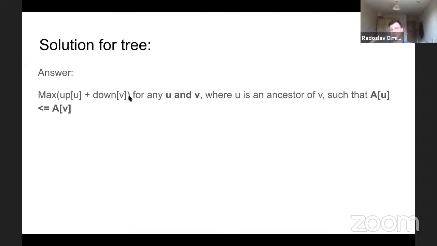Then we also check whether the value of the first one is less than or equal to the value of the second one. If that's the case, we compare the answer with up u plus down v. But the problem with this solution is that it's quadratic. And now I'm going to explain how to actually incorporate the segment tree on values to solve this problem.